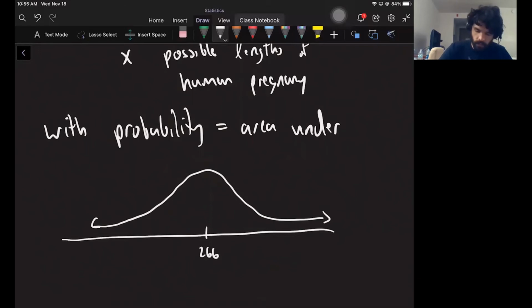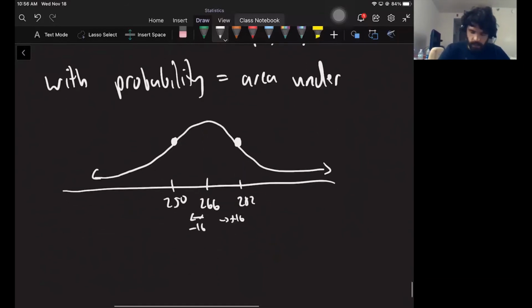So 266 plus 16 is 282 to get me to the first inflection point. And then I subtract 16 to get to the inflection point the other way. Gets me to 250. So the idea is this is the mean. This is the parameter.